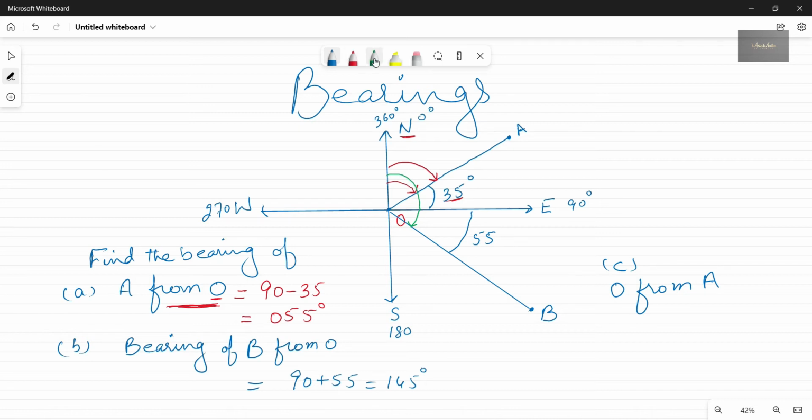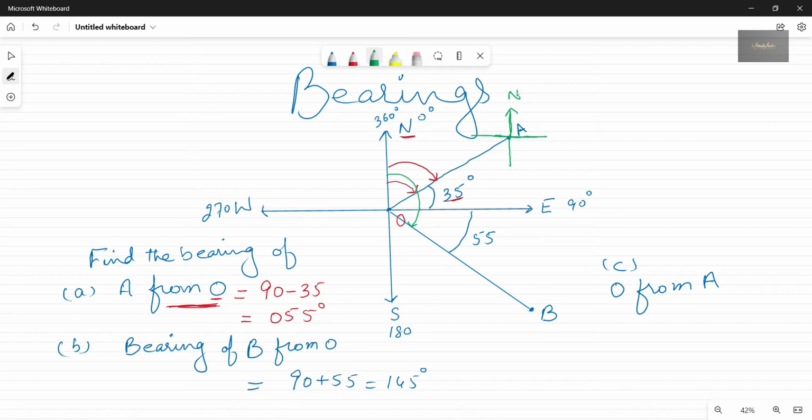So what you need to do is make a bearing axis at point A. It is not given in the question, but you will make it by yourself. Always make this angle so that the direction is clear. All the direction and angle placements are the same. North is 0 degree, east is 90 degree, south is 180 degree, west is 270, and again north is 360 degree.